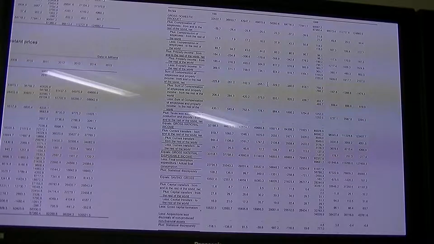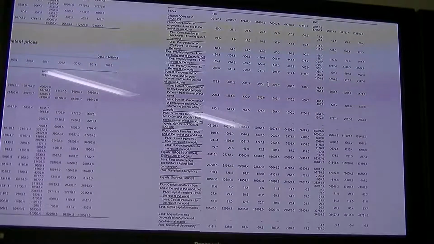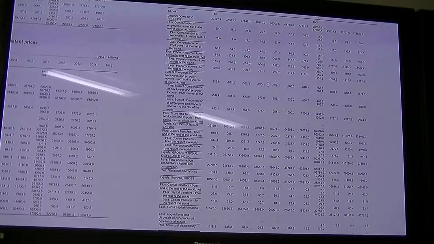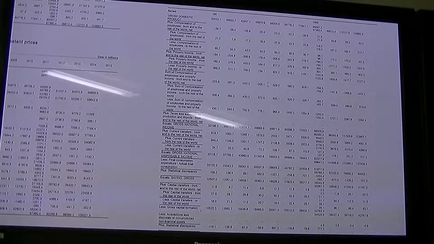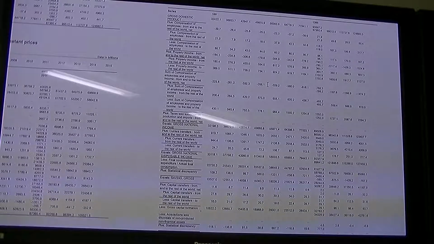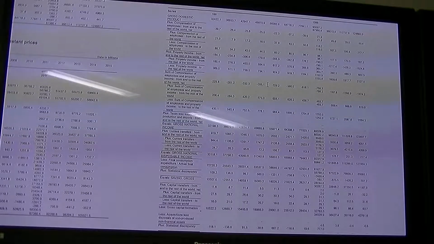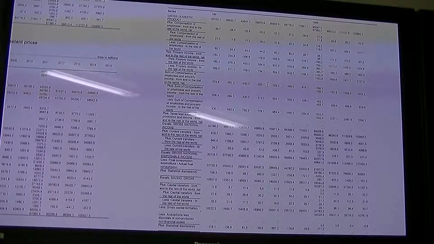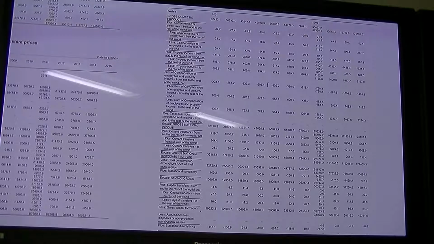Is it like 2010 or 2012? Yeah. Okay. Well, you might want to just check the Chinese central bank and see if they might have information.